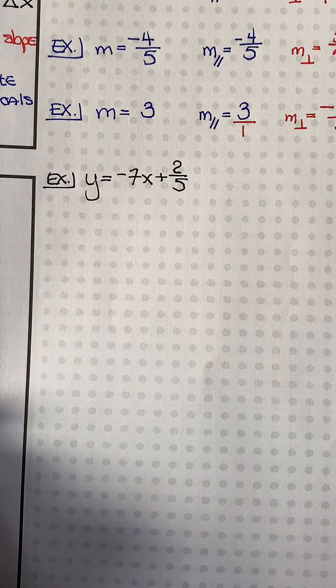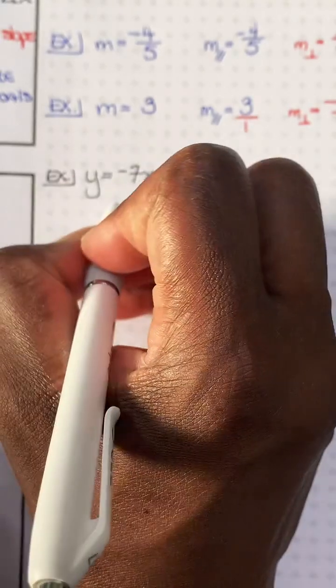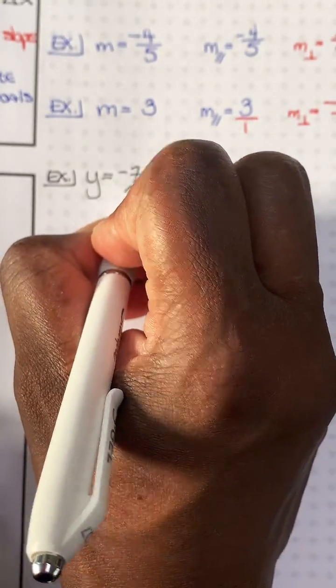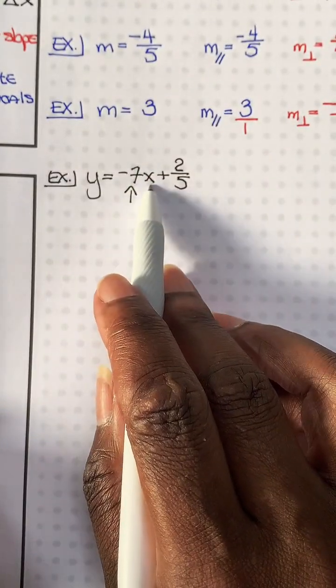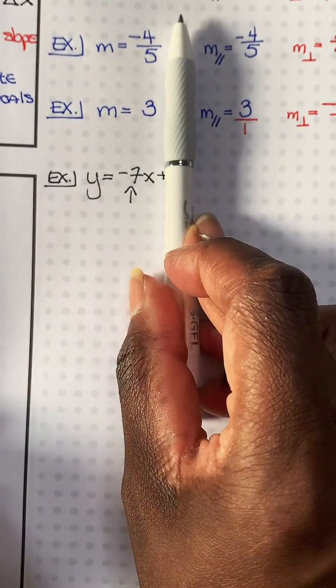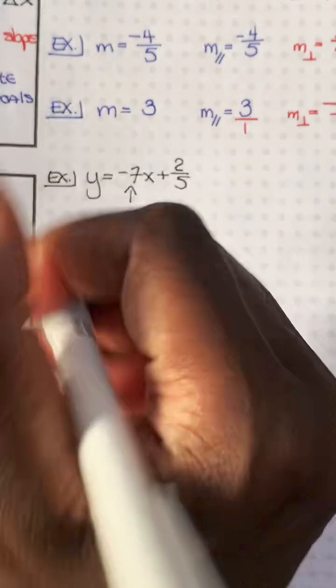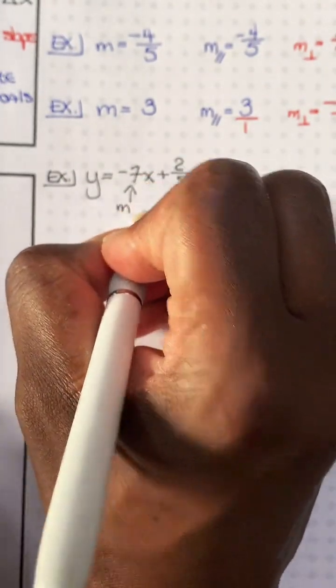Negative 7 over 1. Have you noticed you didn't have to do anything with the fraction? When they ask you what is your slope, you go right to the coefficient of your x. Whatever the y-intercept is, we're not dealing with that right now. If they're asking for the slope, you go straight to the coefficient of that x. So that is going to be your original slope.